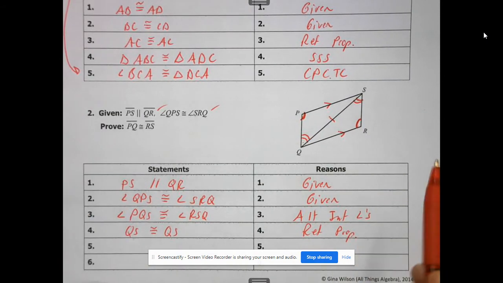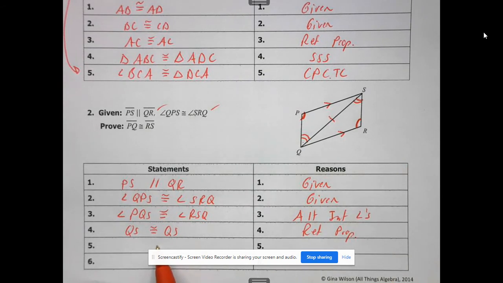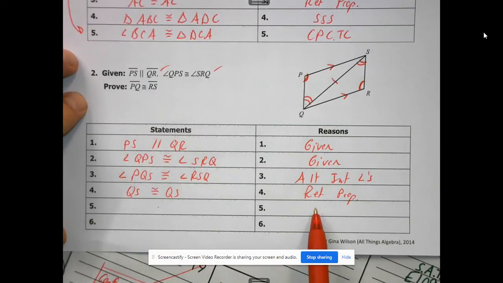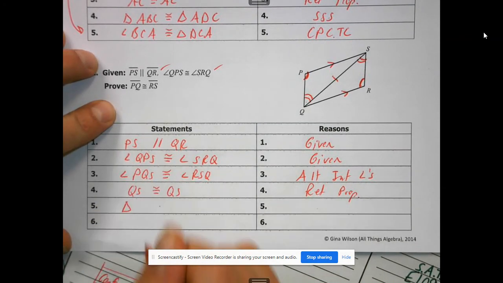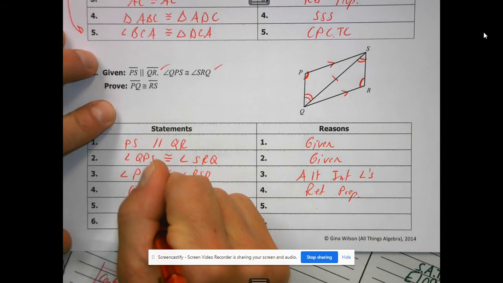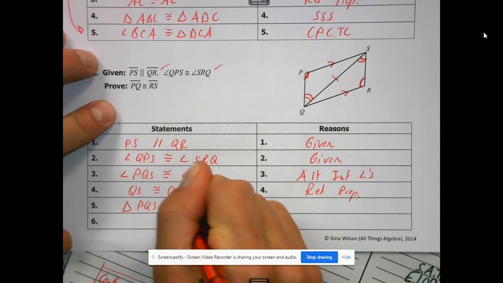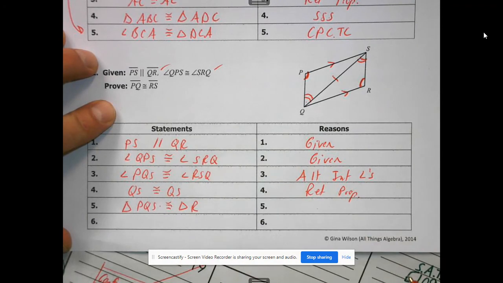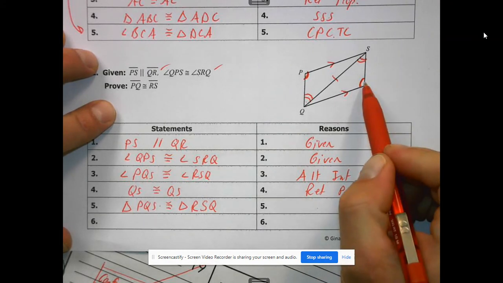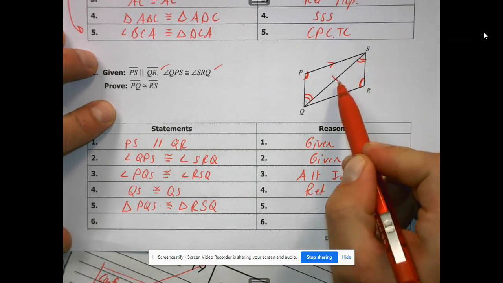Now I have enough info to say the 2 triangles are congruent. So I'm going to write down my congruency statement here, and then I'll say why for the reason number 5. So first triangle, I'll go PQS. That is congruent to P matches with R, Q goes to S, S goes to Q. They are congruent by angle, angle, side.